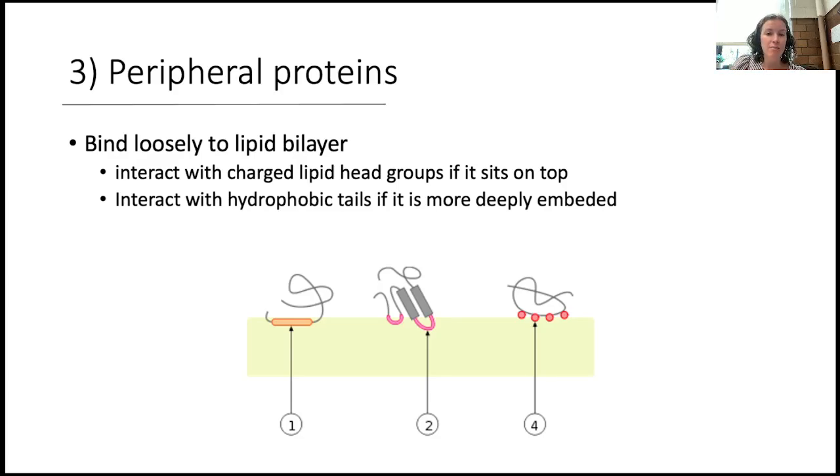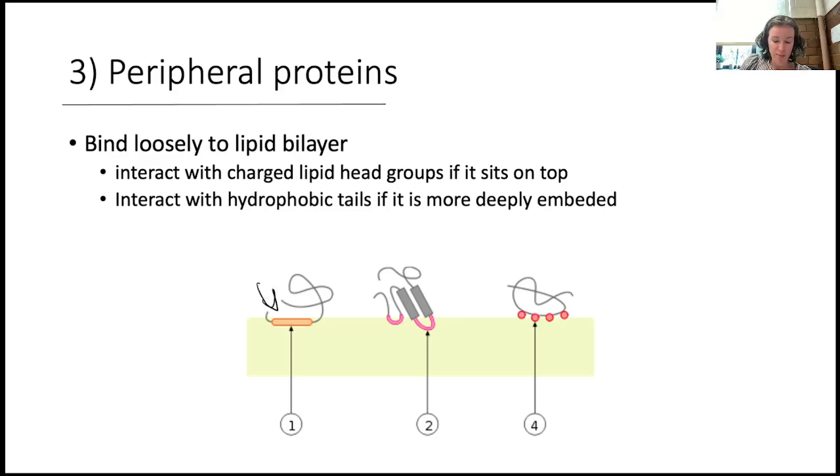The last type of membrane-associated protein are peripheral proteins. These bind very loosely to the lipid bilayer. I like to think of them as just sitting against the bilayer, maybe inserting themselves a little bit into the bilayer. And this image shows you some different ways that these proteins can interact with the bilayer.